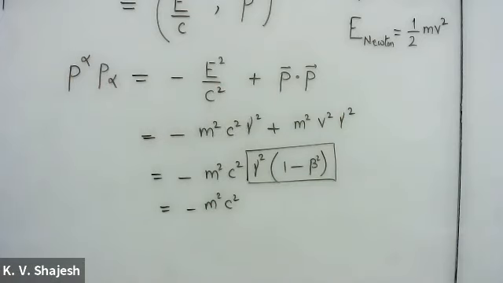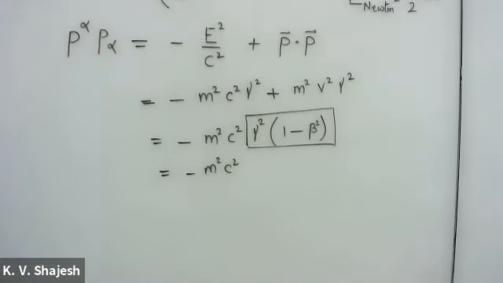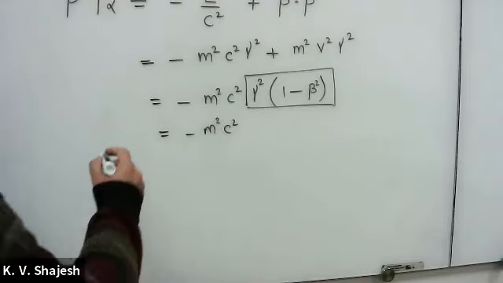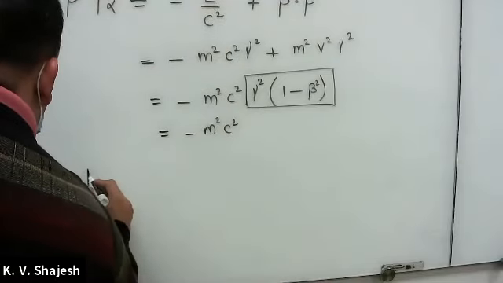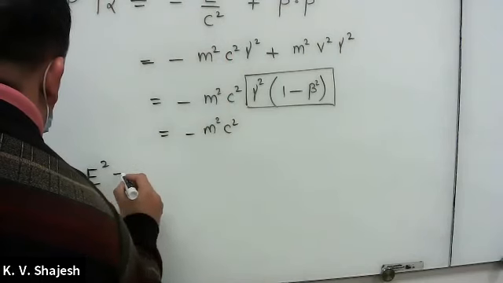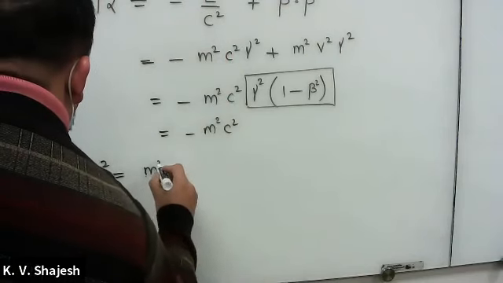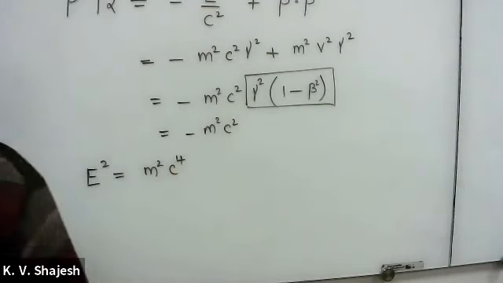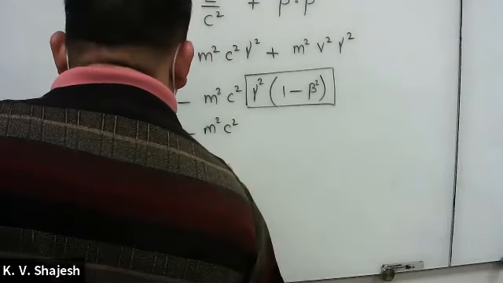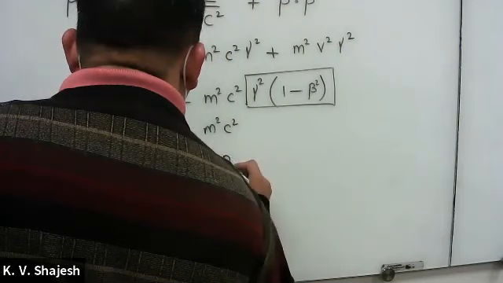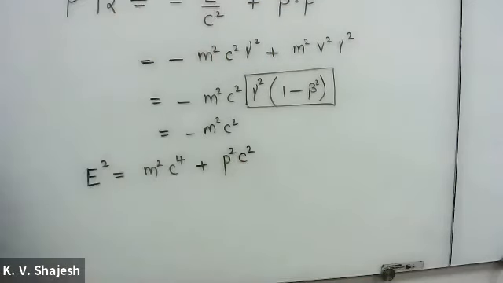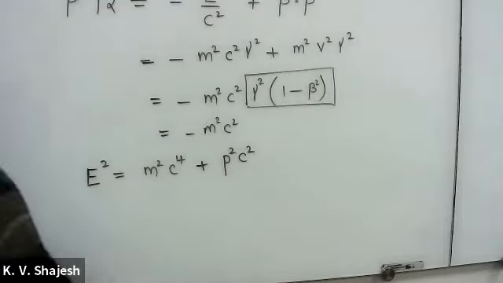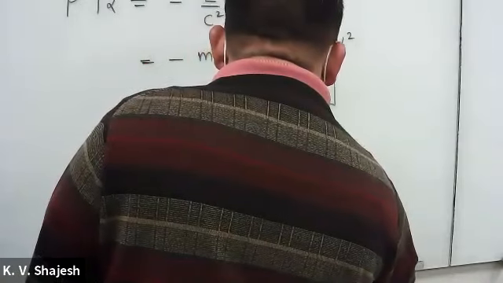So what we have learned is the famous Einstein's equation: if you put this all together, energy squared is equal to m squared c to the 4 plus p dotted with p squared c squared. Where E is equal to mc squared.